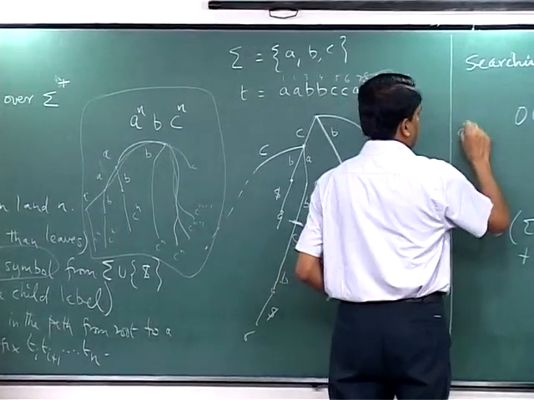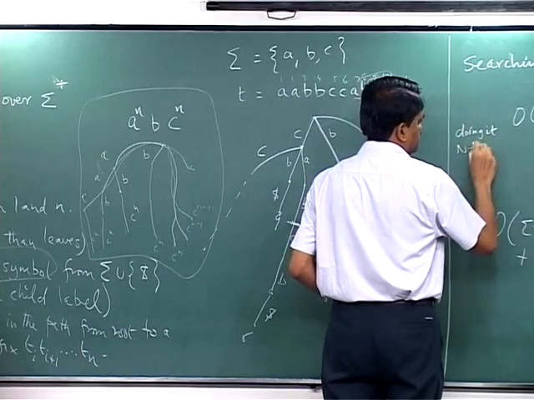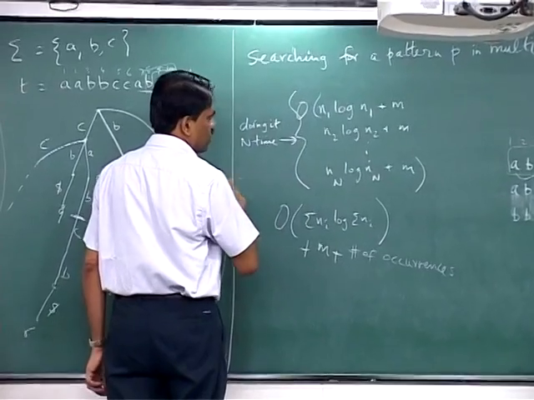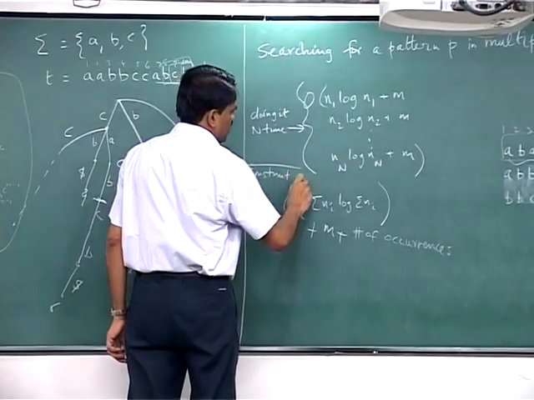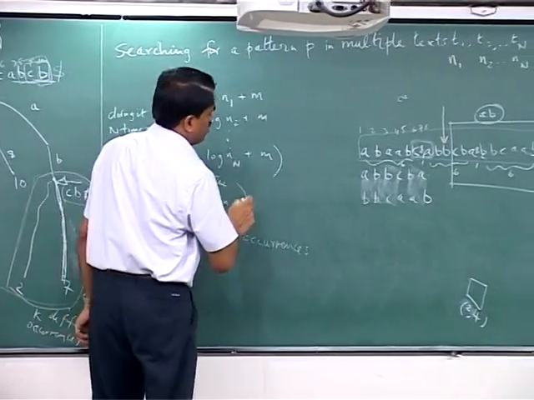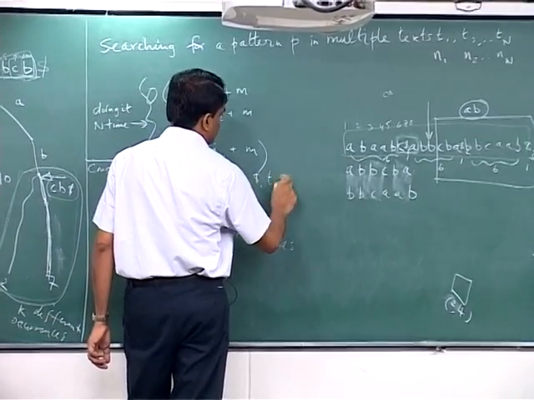Okay, so doing it n times gives you this runtime. Instead, construct a suffix tree for T1 $1, T2 $2.